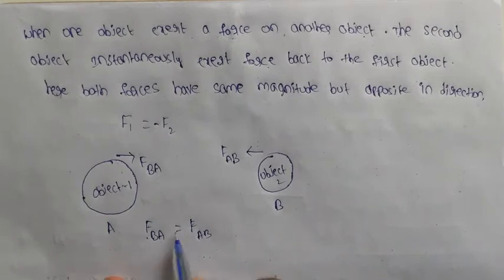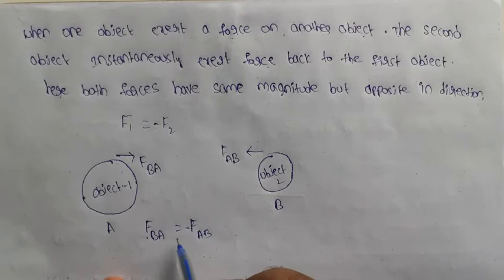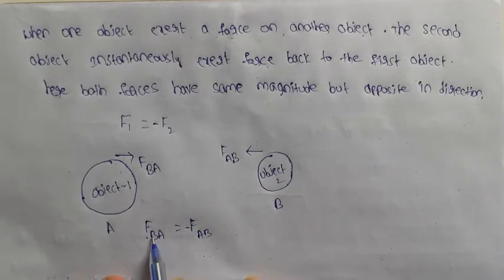The magnitude of the force is equal but they act in opposite directions. FBA equals minus FAB.